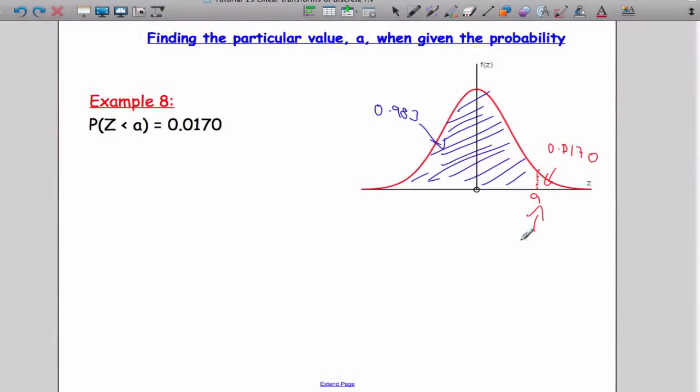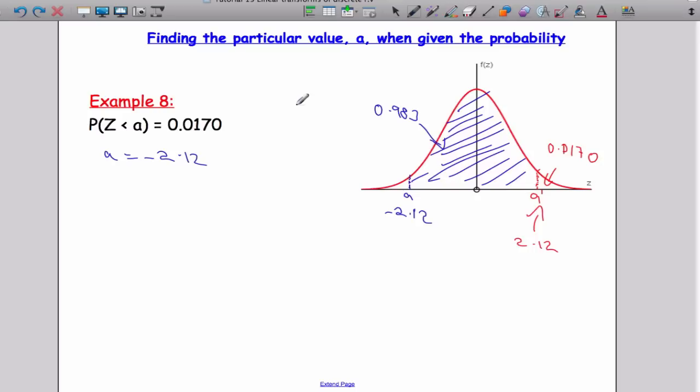But if we remember correctly, at the start of the question, I was interested in A, which is over here. Let's call that other A, A dash. That was my original position of A. So if that's 2.12, and because it's symmetric, this must be minus 2.12. So A equals minus 2.12.